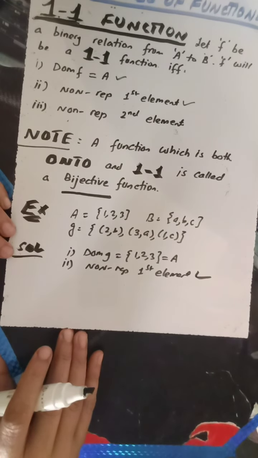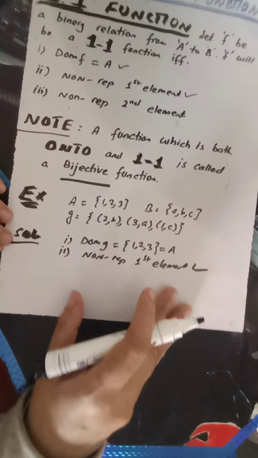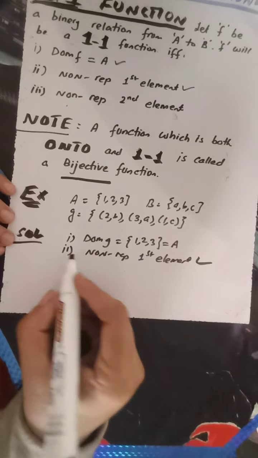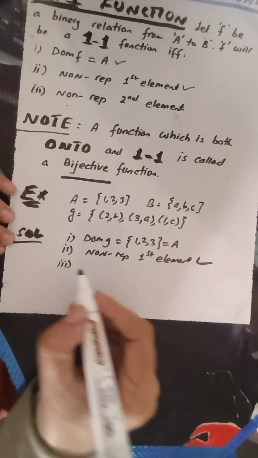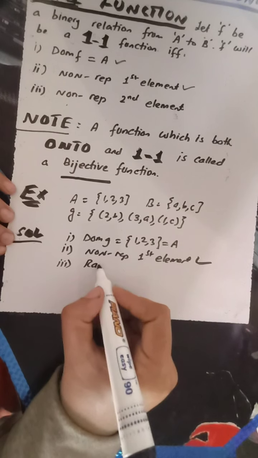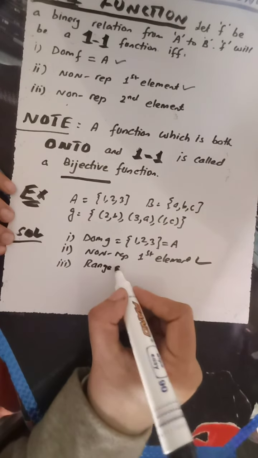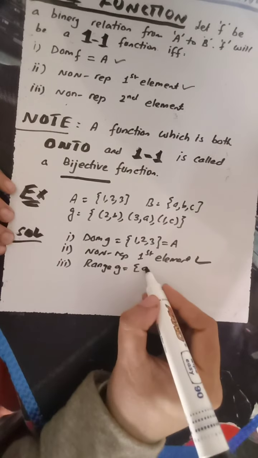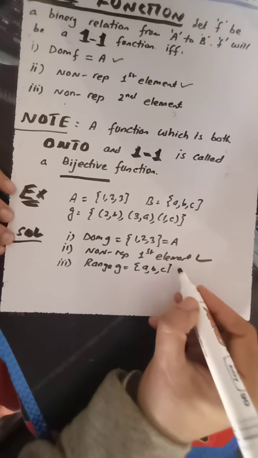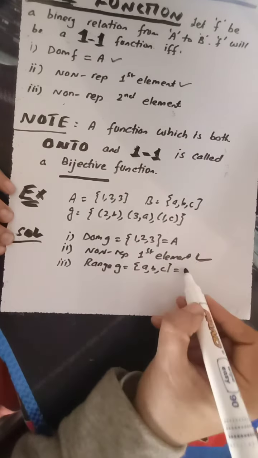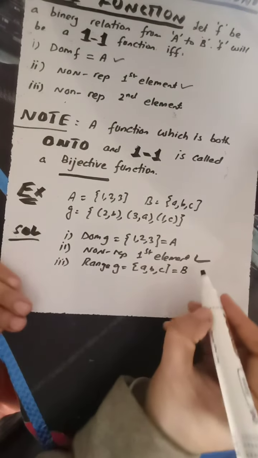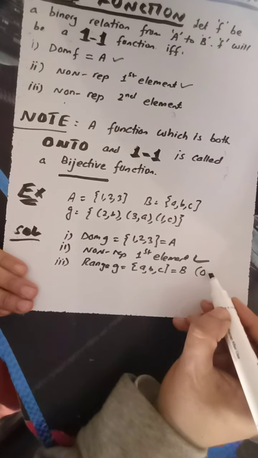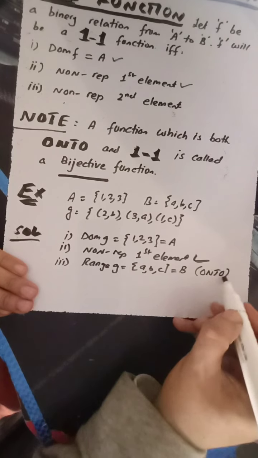Now the third condition is that the range of g is equal to {b, a, c} or {a, b, c}, which is equal to B if you compare it. As the range is equal to B, it is an onto function.